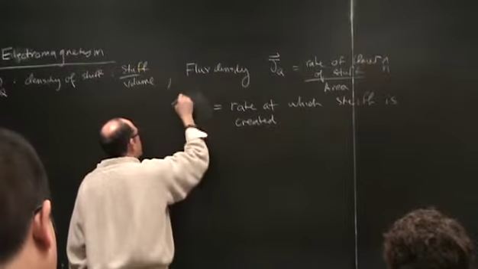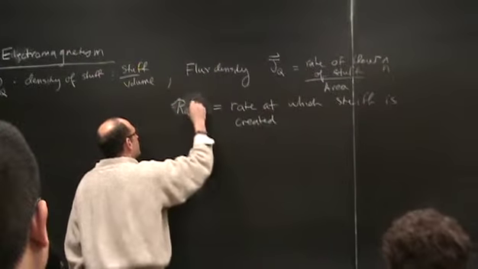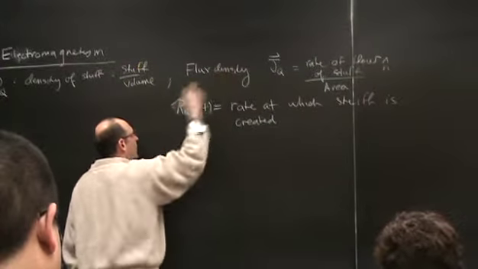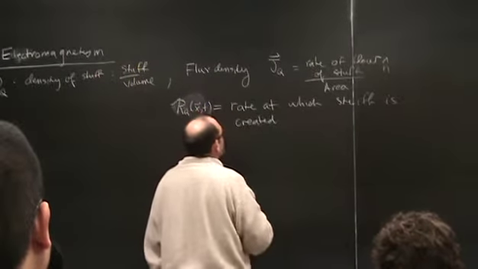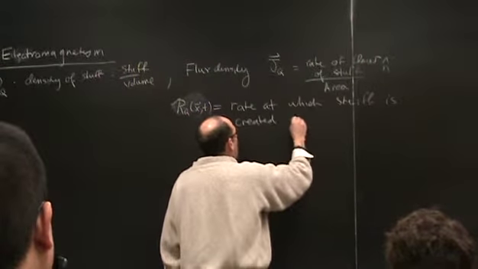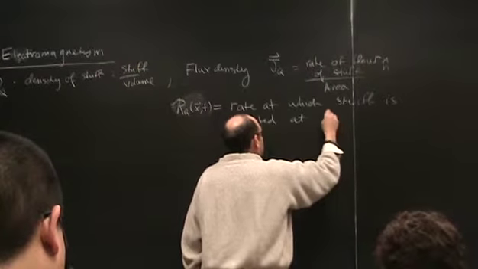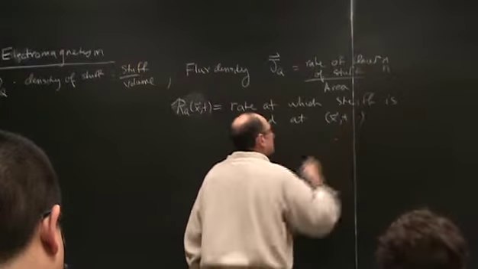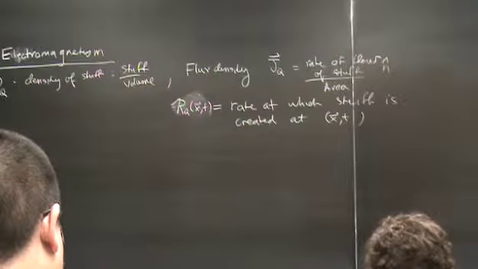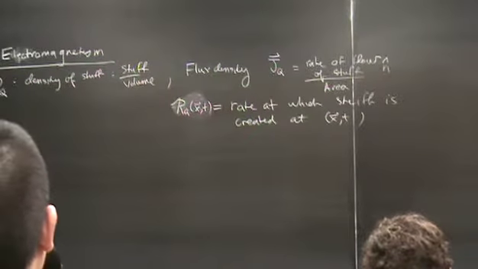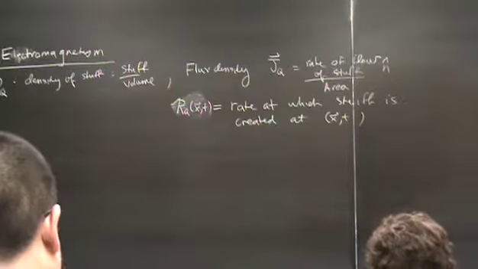This will be generally a function of position and time. So will these other quantities, but I just didn't explicitly write it there. Rate at which stuff is created at the space-time point x, t. Then I can write down a generic form of a conservation law.